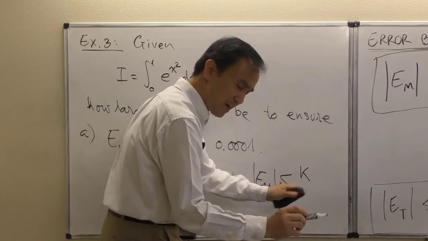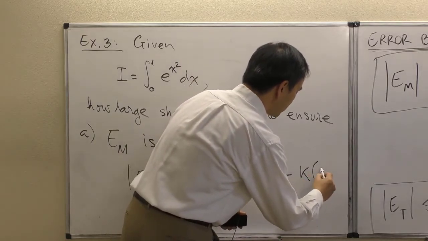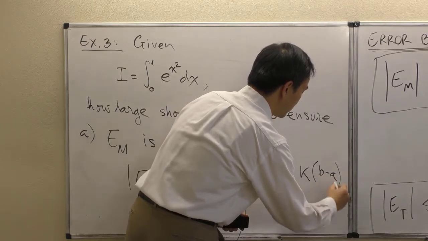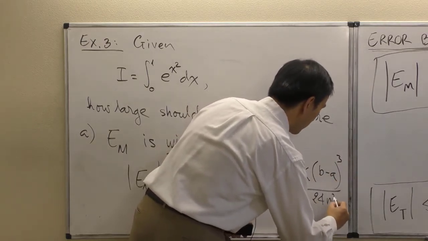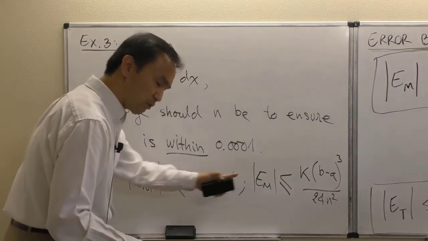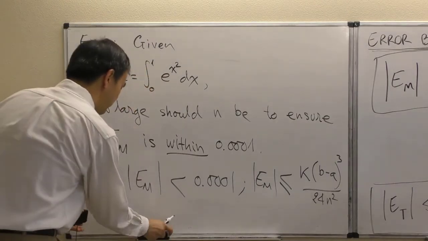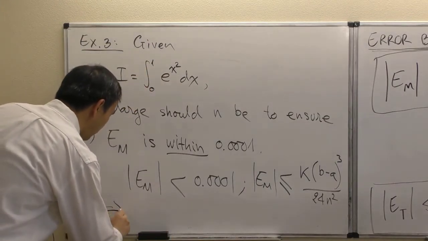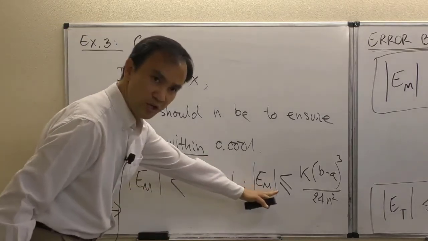Or equals the K value. We haven't found the K yet. But here it's K times (B minus A) cubed over 24n squared. Okay, so that means strictly we can imply the following, based on the two: we want this, but this is what we also know.